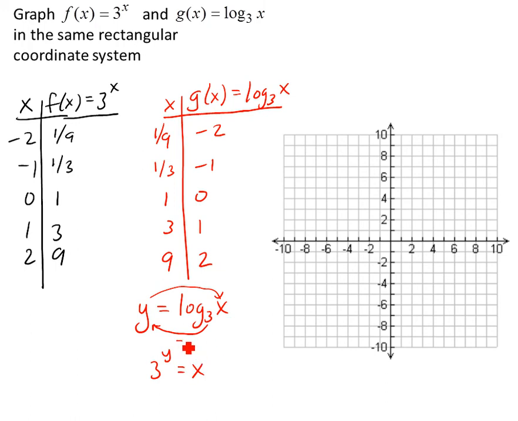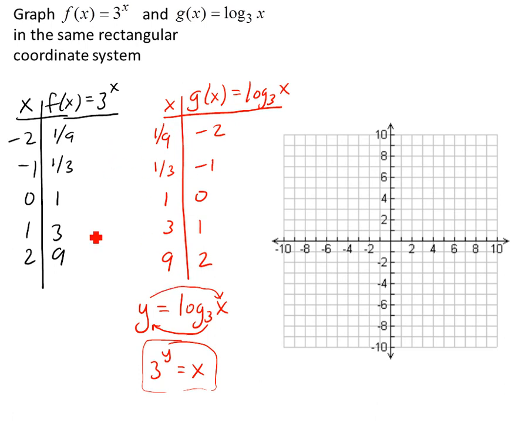And so having it in this form is equivalent, but in this case it would be easiest for me to pick numbers to plug in for y, such as -2, -1, 0, 1, 2. So you'd put all those numbers in the y column, plug them in to get their corresponding x values, and fill in the x column in the same way that we have it filled in up here.